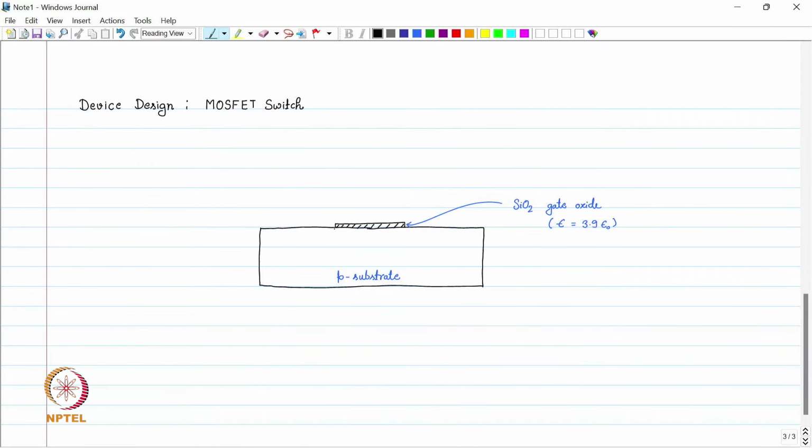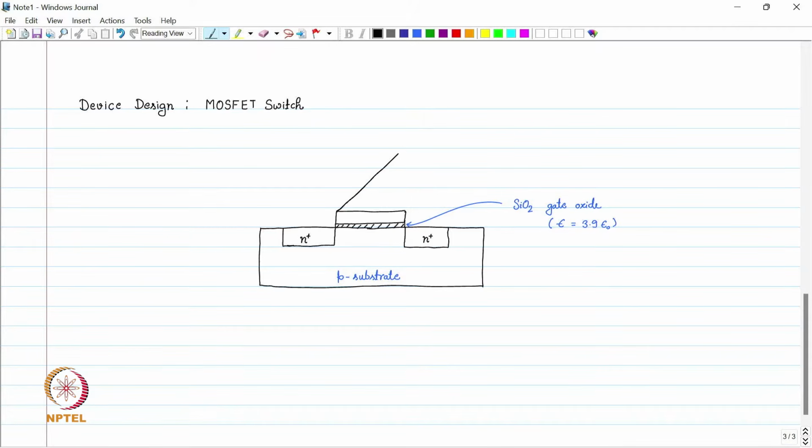And we have the source and the drain. This is typically N plus, and this is N plus. And then on top of the gate, we have a connection, typically polysilicon, or it can be a metal as well.